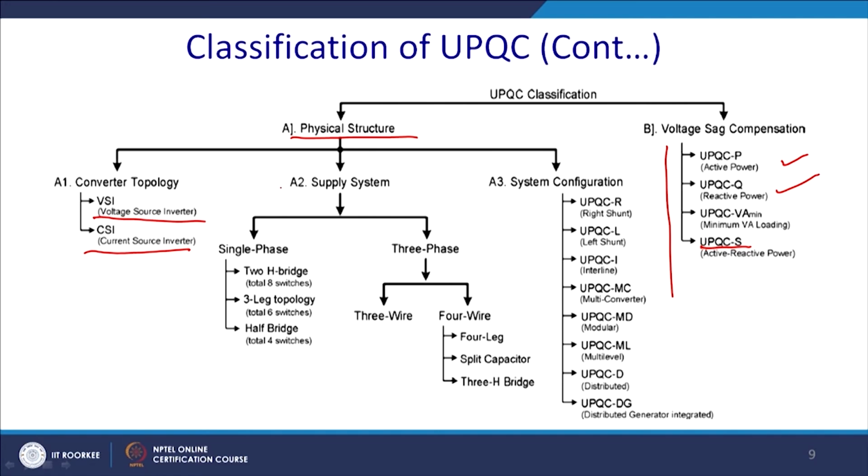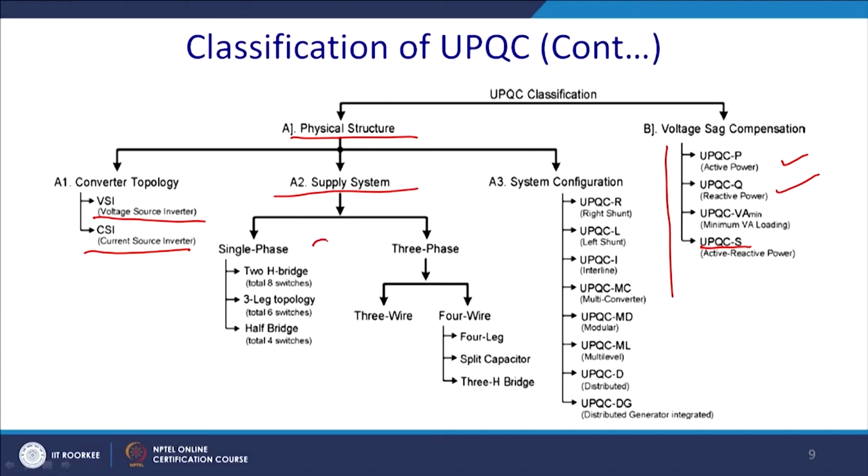Similarly, based on the supply system, we may have a single phase, that is not very frequently used, and we have 3 phase system. And for the single phase, we try to reduce the cost, and thus reduced cost topologies are very popular. The rating of these devices is also low compared to the 3 phase rating.